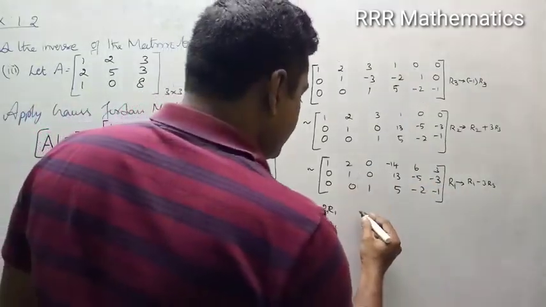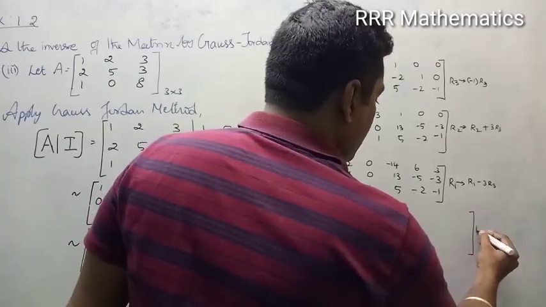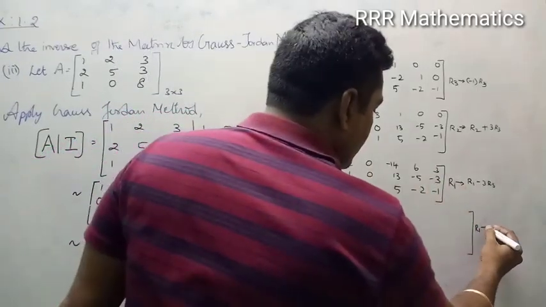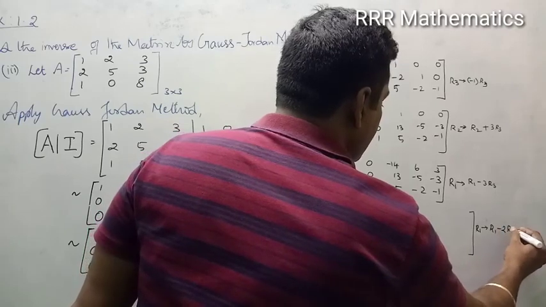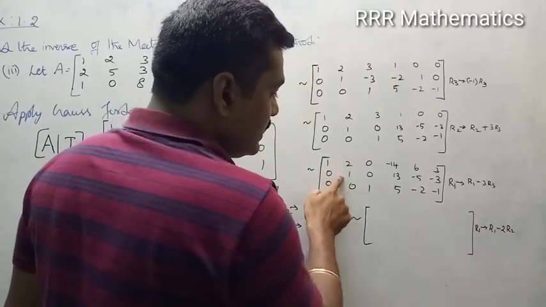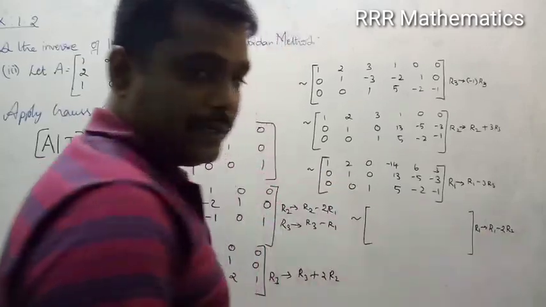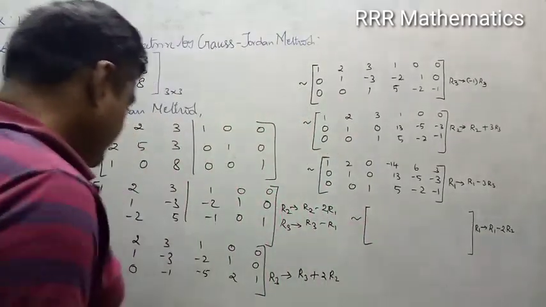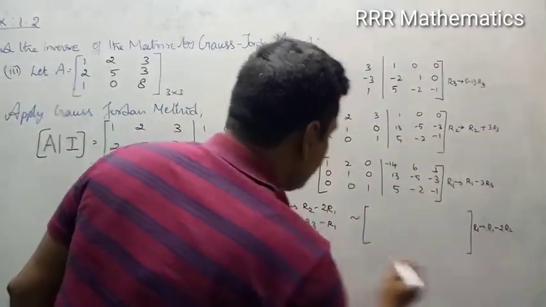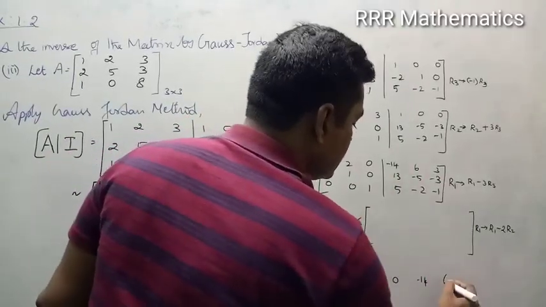Leave the second row and third row as they are. Now I need 0 here. Very simple. Using the second row, R1 implies R1 minus 2 times R2. Same sign, so subtract. I have 2 here and I need 2 here also, that's why I multiply by 2. R1: 1, 2, 0, minus 14, 6, 3.